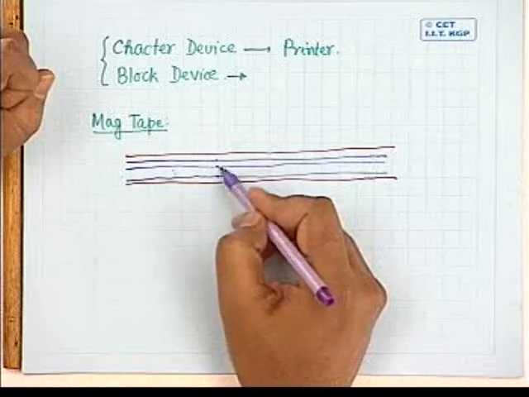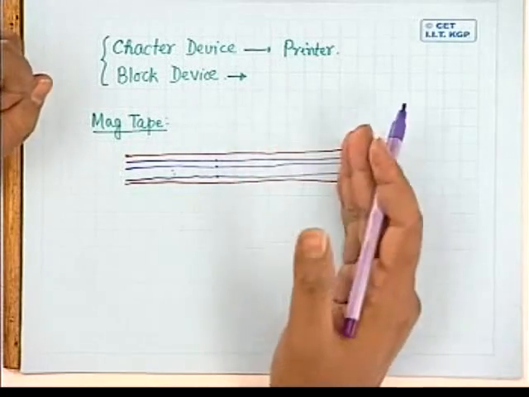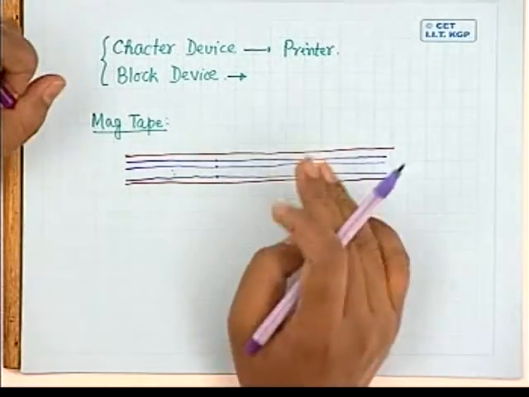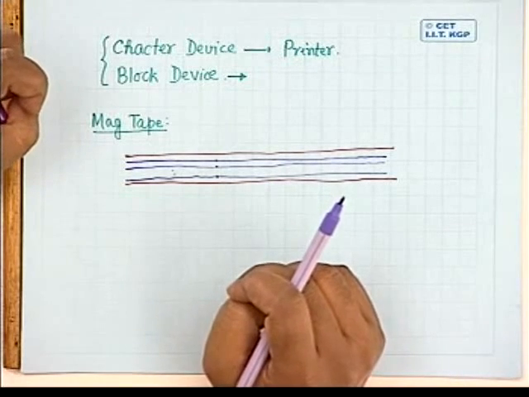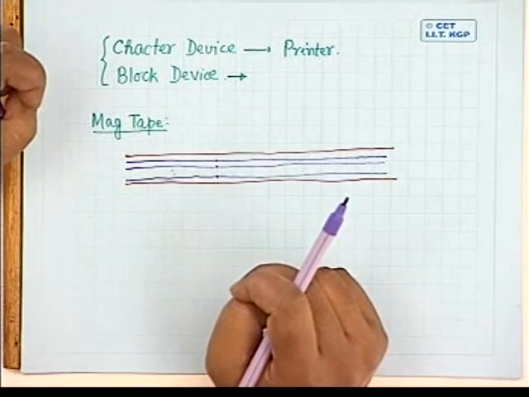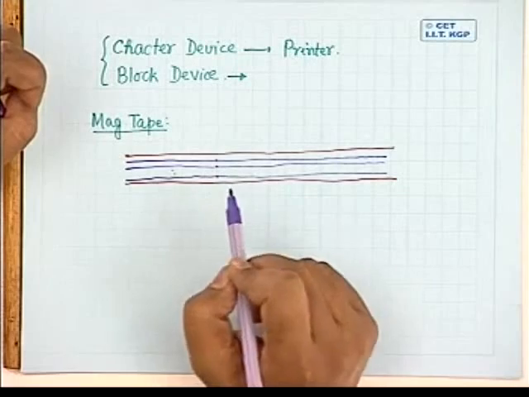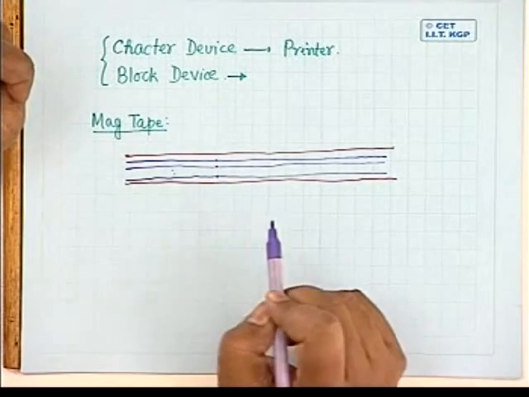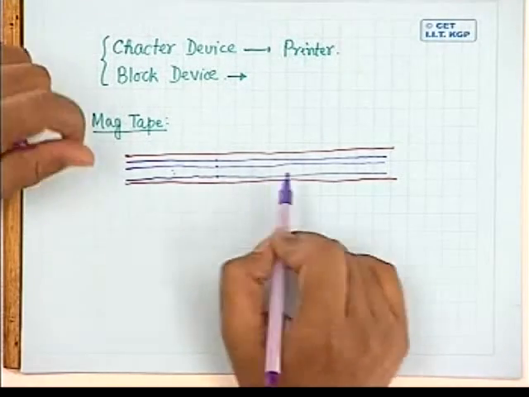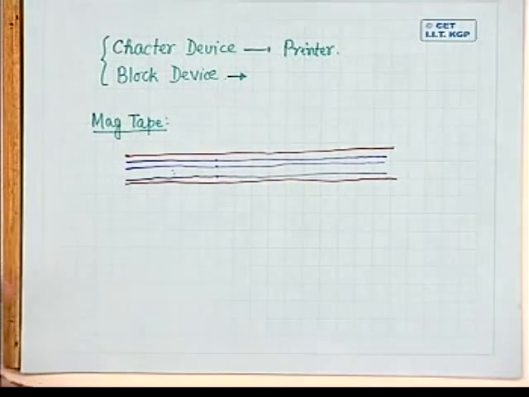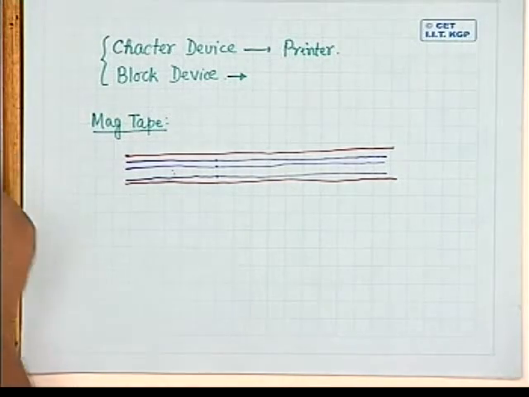If you find that parity is maintained, then you know that what you have read from the magnetic tape is correct. If there is any mismatch in the parity bit, then you know that the data could not be read correctly, and you have to read it again. This entire magnetic tape passes over a read-write head. It is actually an array of read-write heads.